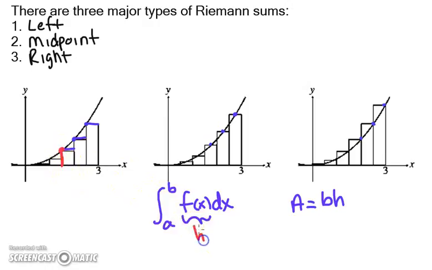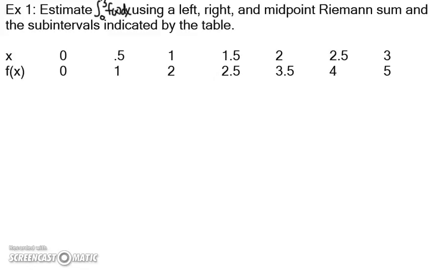So this is going to be our height, and then dx is going to be our base, dx meaning the change in the x value. So however far the x value changed from here to here is going to be the base. So we're adding, remember, sum. We're going to sum up all of the rectangles from A to B, and we're going to have the base times the height. So that's where that little integral sign comes into play with our Riemann sums.